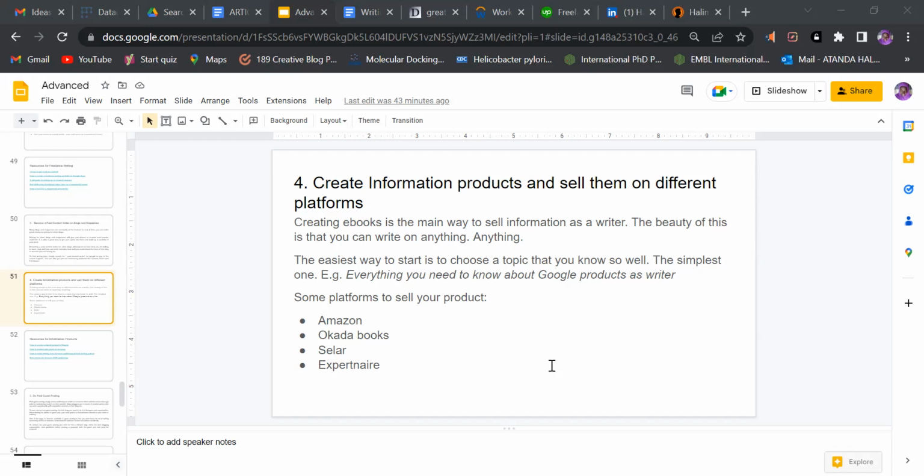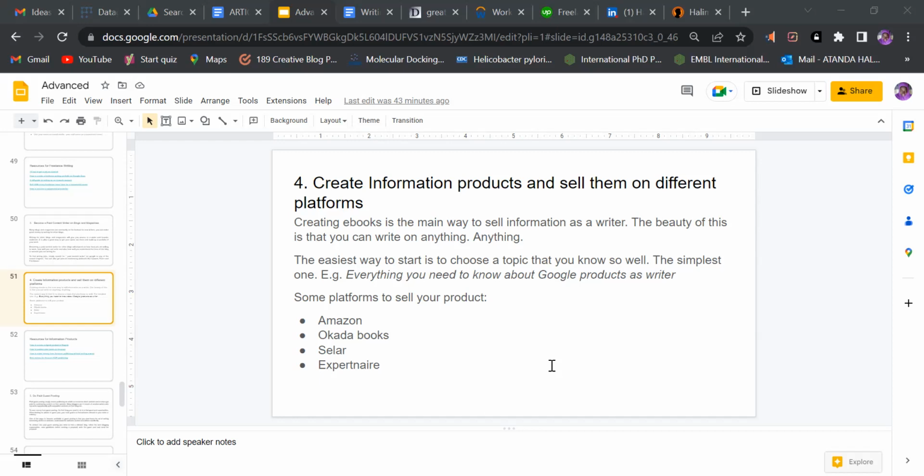Then Seller is another platform that you can sell your information products. It accommodates buyers from different parts of the world. So you can sell to Nigerians, you can sell to other Africans, you can sell to people in the US, you can attach price tags to it and all of that. And then there's Expertner, also for information products. So all of these platforms have their benefits, advantages, their features.